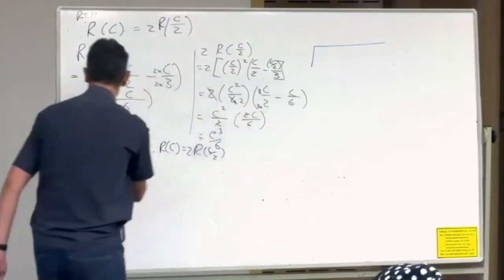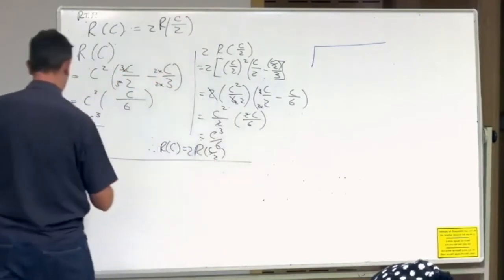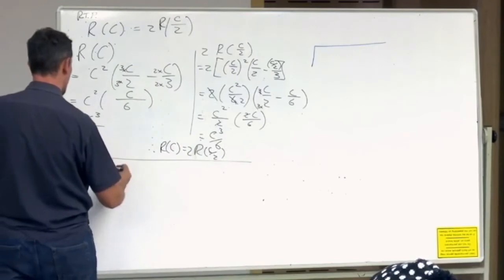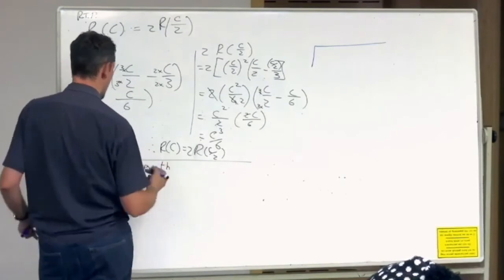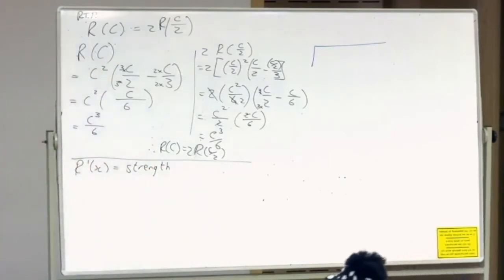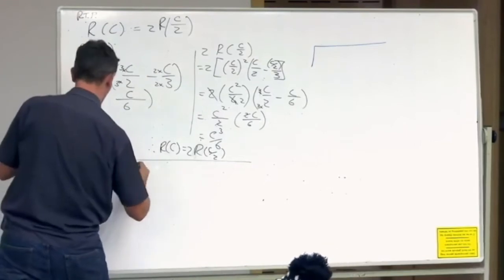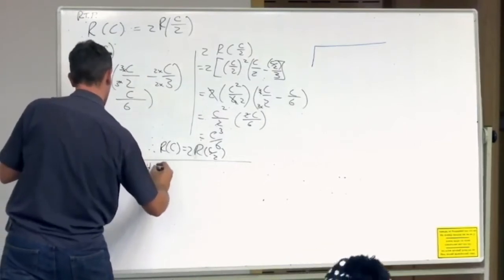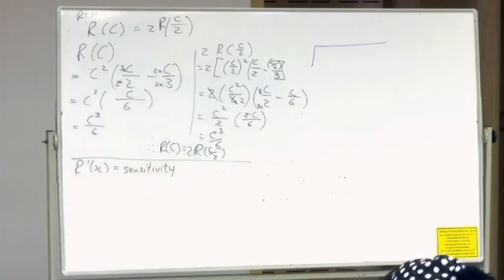Now, ladies and gents, let's quickly have a look at the second part. Now it says R accent of x. R accent of x is used as a measure of the sensitivity of the body to the drug.